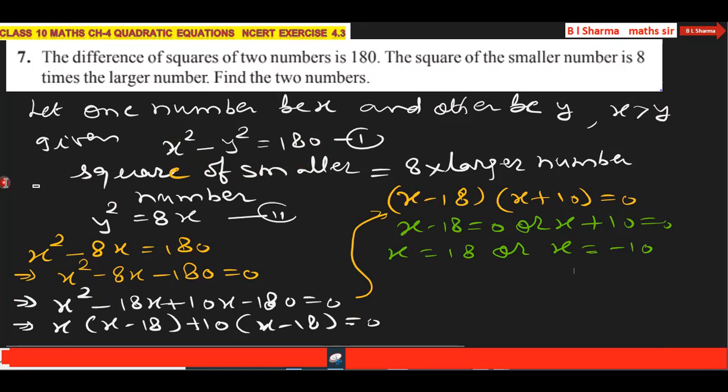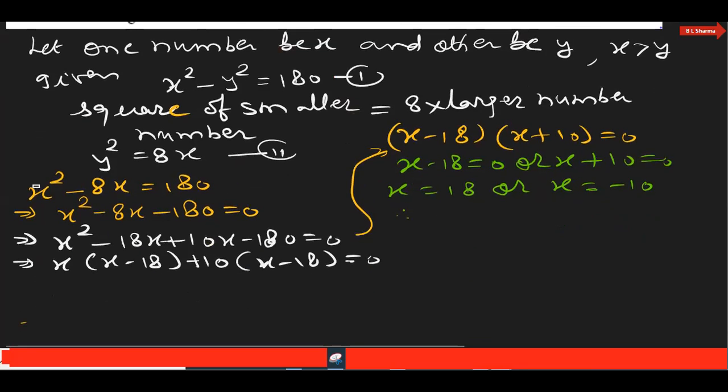So, if I take x is equal to 18, so therefore, now we have to verify our result, and how to verify this is very, very important. If x is equal to 18, then we know y square is 8x.